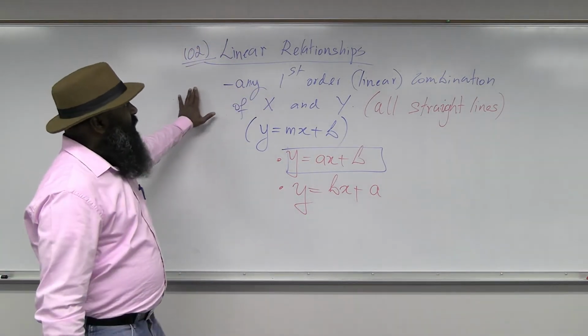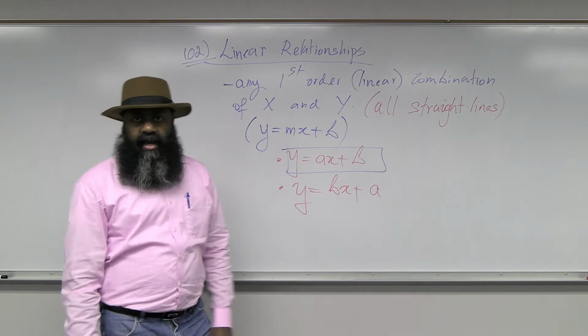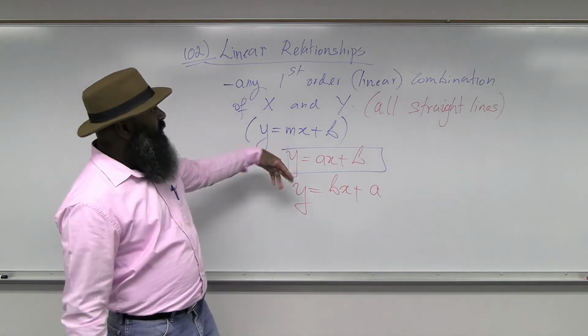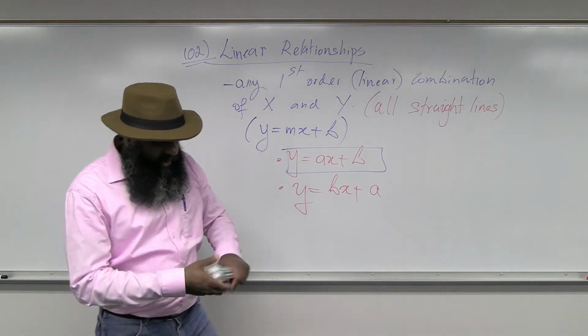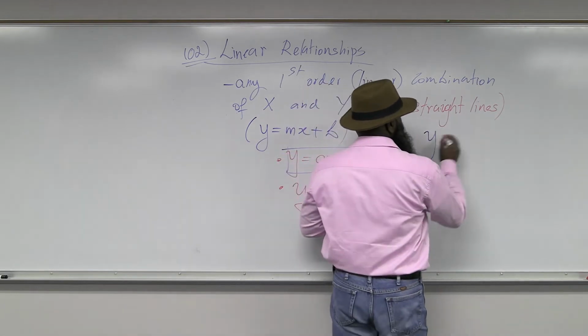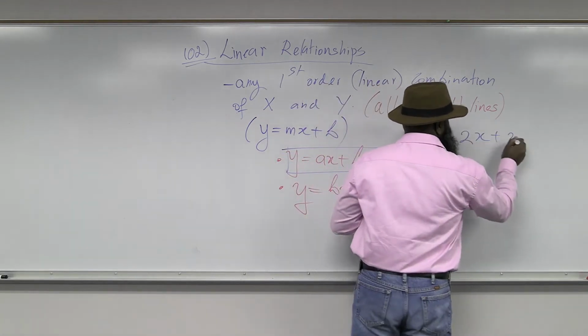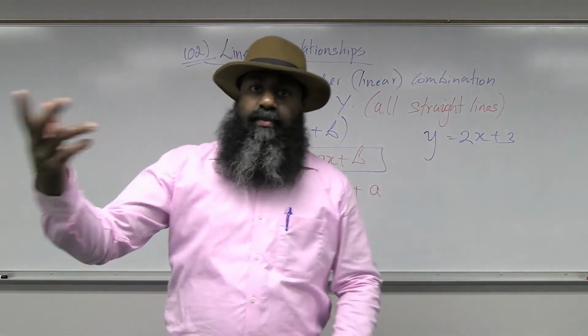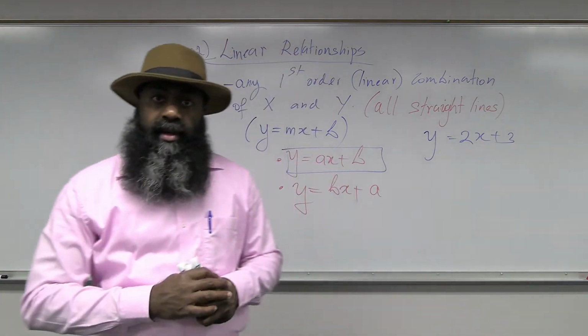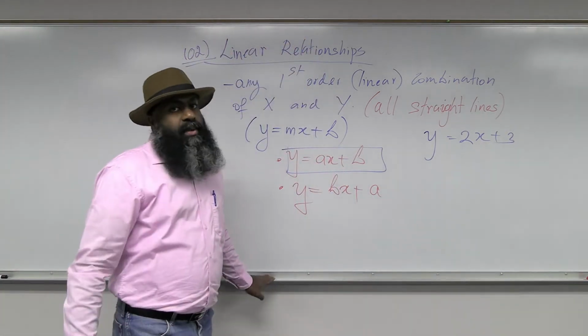So any first order linear combination between x and y can be considered a linear relationship. One example could be y equals 2x plus 3, or y equals negative 3x plus 1000, and so on. Okay? So you can come up with so many such equations.